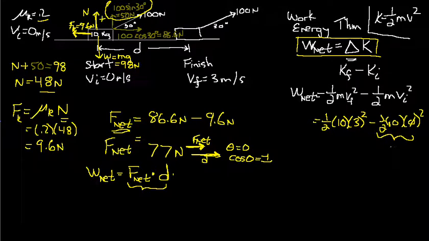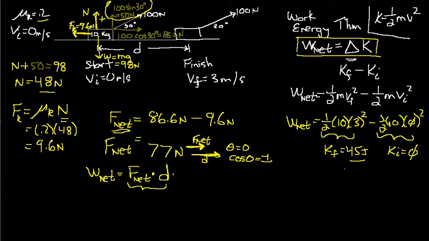So this Ki, which is the initial kinetic energy, is 0. This Kf, did this before, 45 joules. So we have 45 minus 0 is 45, so our net work then is 45 joules.